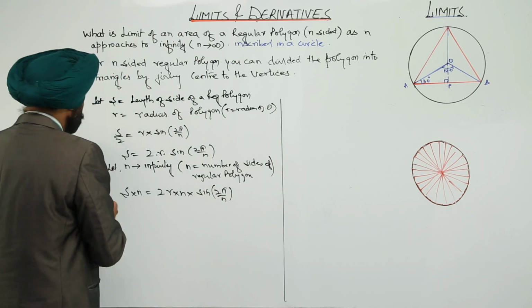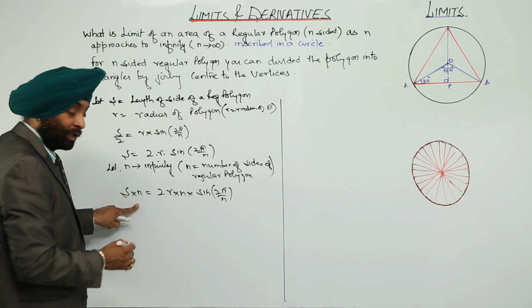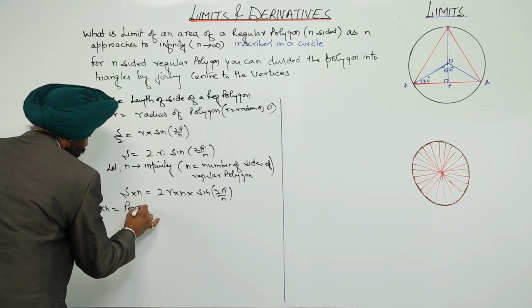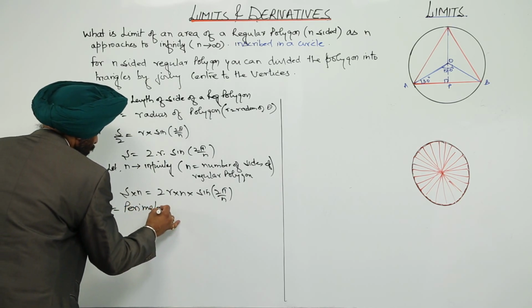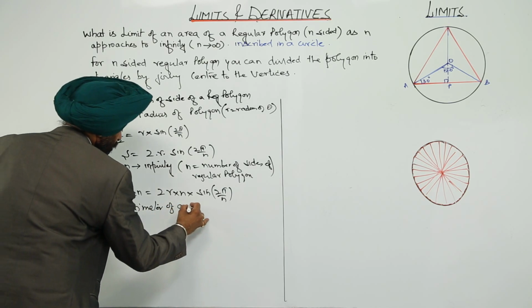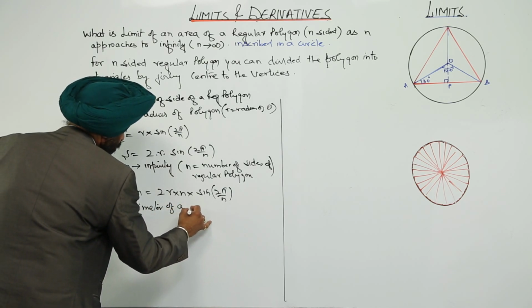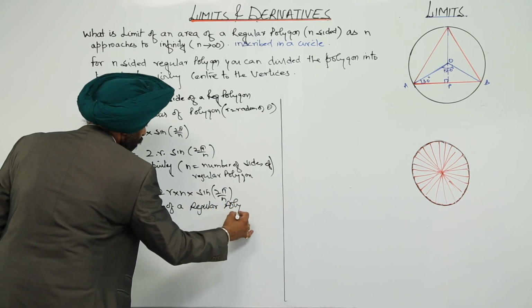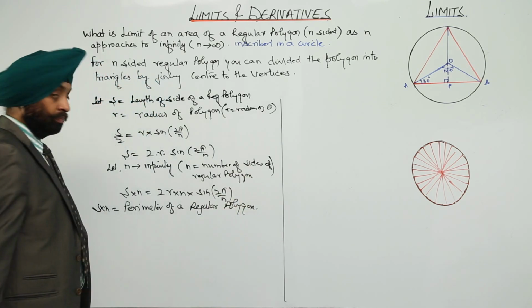Is it clear? So S times n is equal to the perimeter of a regular polygon. Okay.